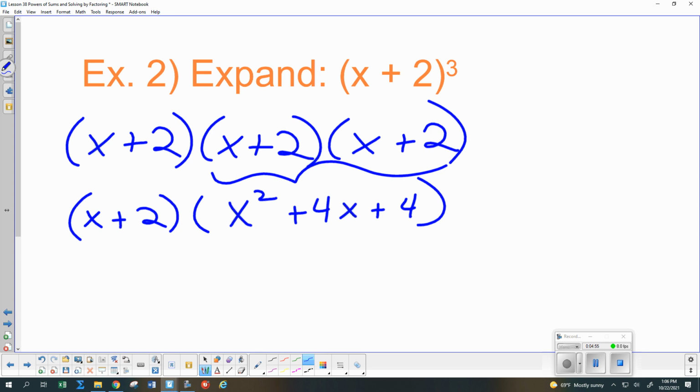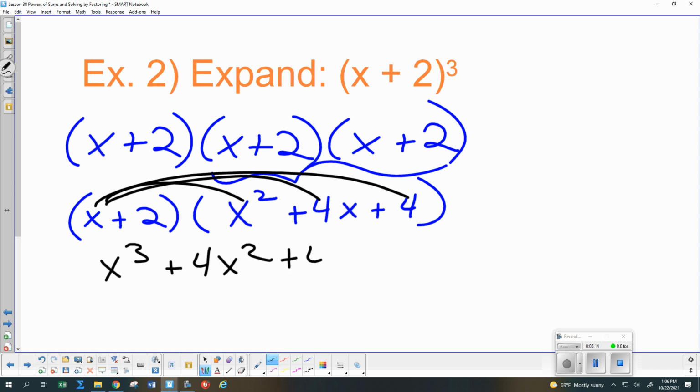Now I need to take everything in that first parentheses, x plus 2, and multiply that by the whole thing that I have on the other side. So if I take the x times everything, I get x cubed plus 4x squared plus 4x.